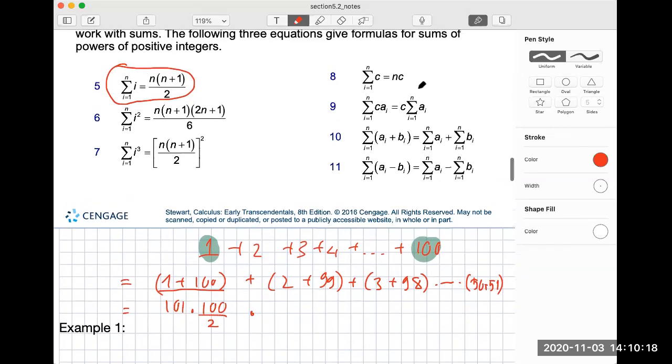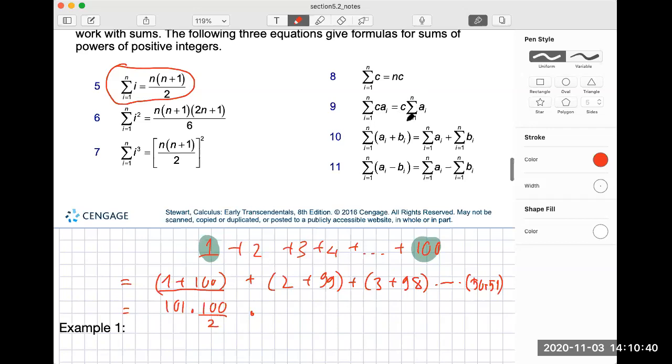And these are some properties of sigma notation. The sum of c, n times, will be n times c. If each of the terms has c, we can take it out of the sigma sign.